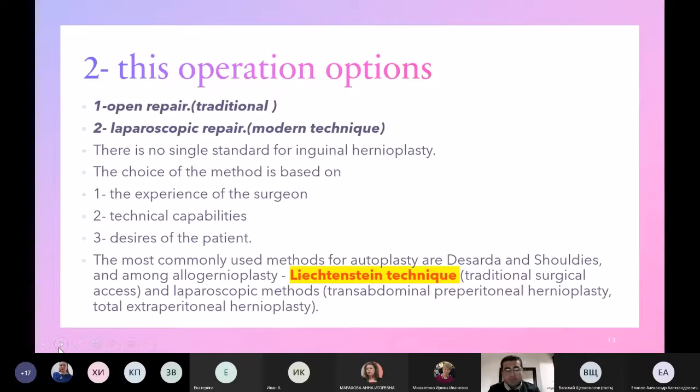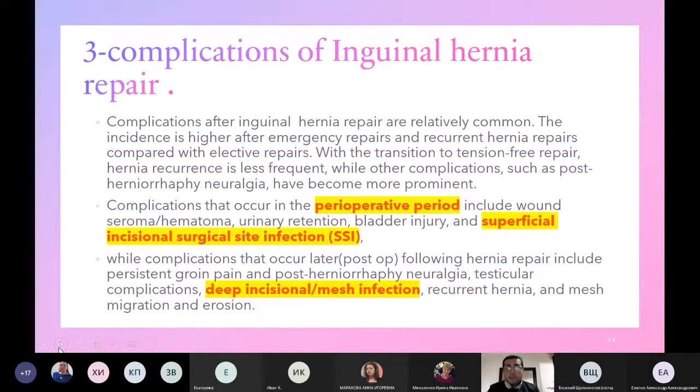The most commonly used methods are autoplasty or Shouldice repair, and among allohernioplasty, Lichtenstein repair, the traditional and golden standard all over the world in open hernia repair. Also laparoscopic methods, most commonly TAPP and TEP, so transabdominal preperitoneal and totally extraperitoneal hernioplasty. And this is why we had this long introduction.